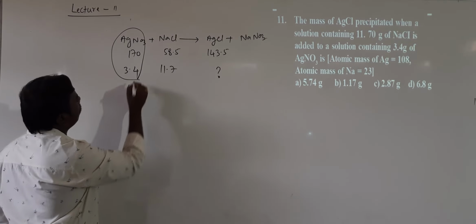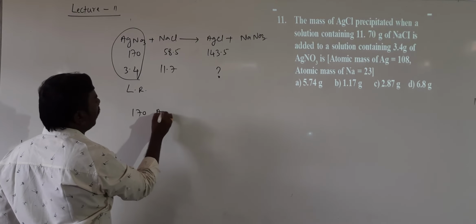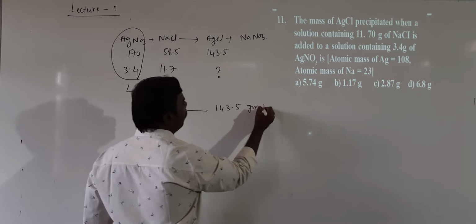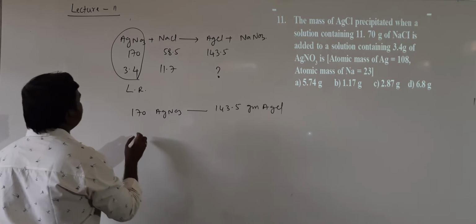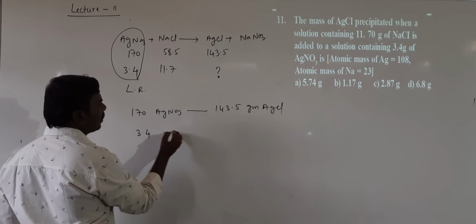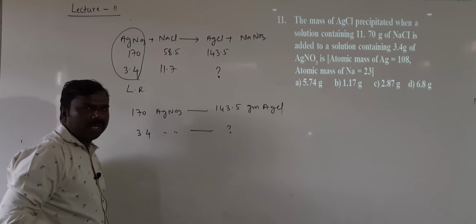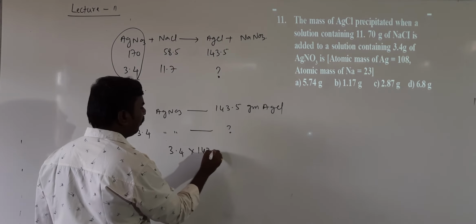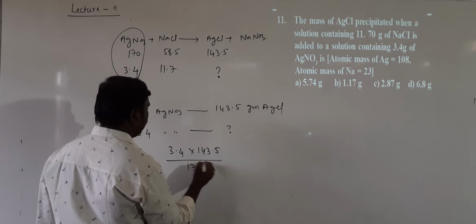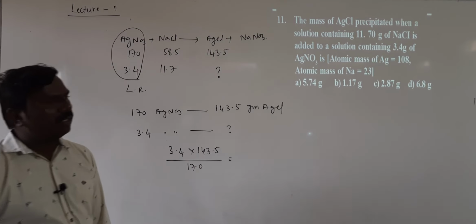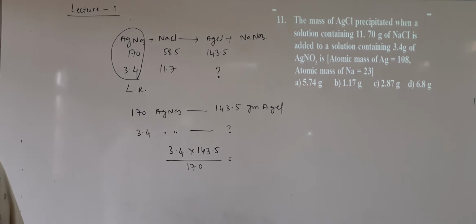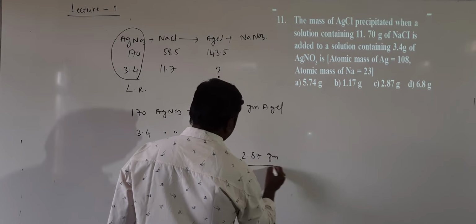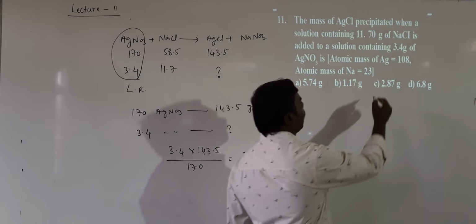So, 170 grams of AgNO3 gives 143.5 grams of AgCl, and 3.4 grams of AgNO3 produces how many grams of AgCl? Then 3.4 into 143.5 by 170 grams. On solving this, you will get the answer. The answer is 2.87 grams. Option C correct.